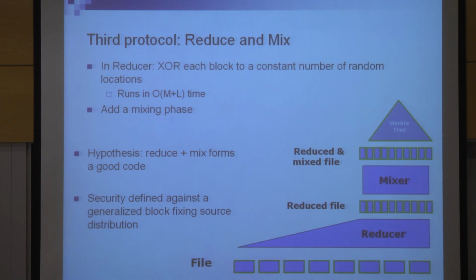The security definition, I really didn't spell it out because it becomes messier and messier, but at least from our standpoint, it does mean something to real life. These block fixing sources are meaningful, and the hypothesis, I'm pretty comfortable with it.